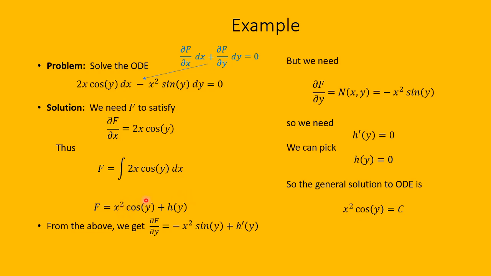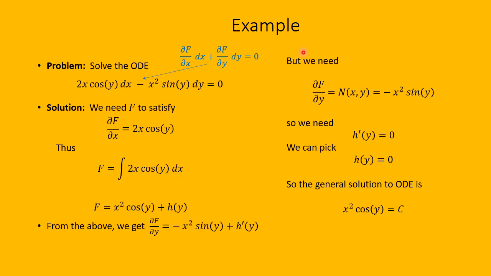So from this equation up here, we have this is f, and if we differentiate it with respect to y, we get the partial derivative of f with respect to y equals minus x squared sine y plus h prime of y. Why did we calculate this?